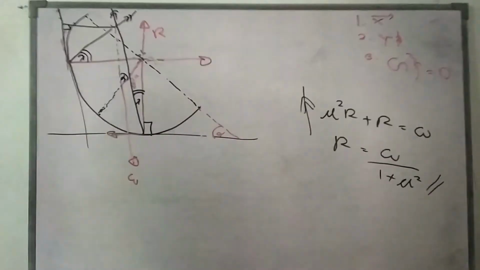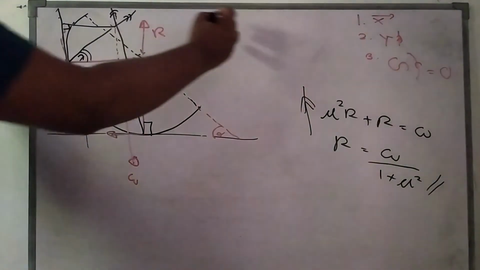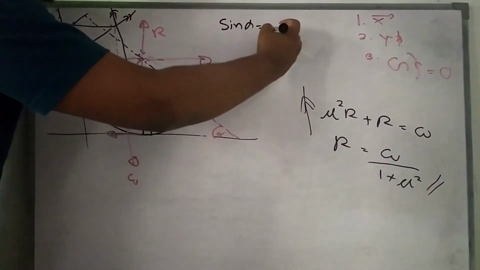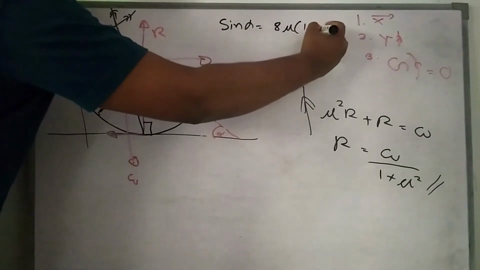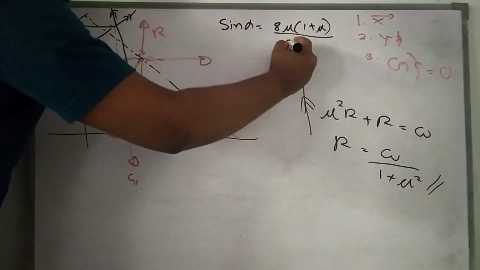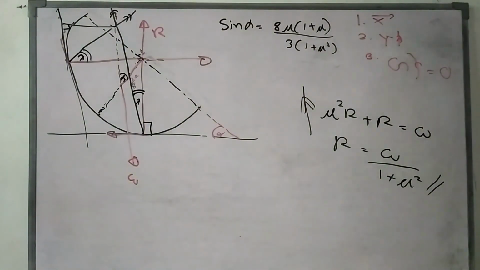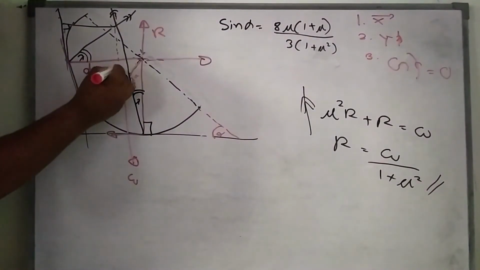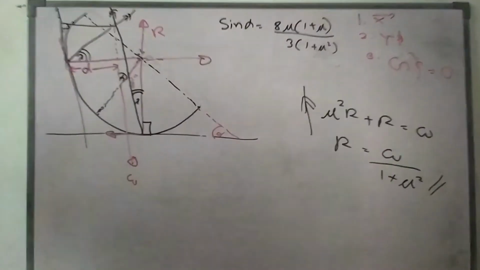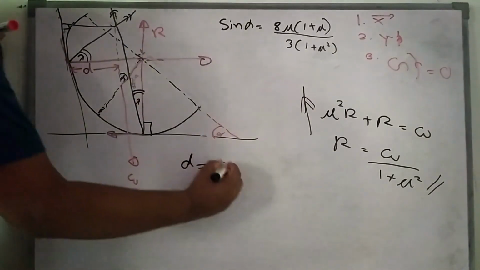Here this is alpha and this is again alpha. And sine alpha will be 8 mu into 1 plus mu over 3 times 1 plus mu squared. This was taken before.